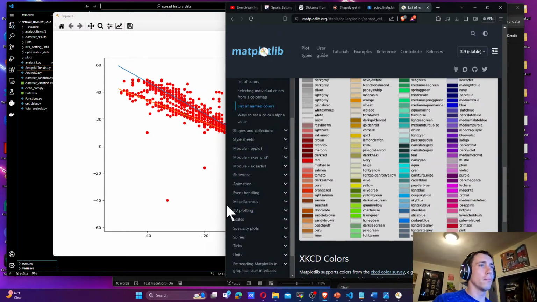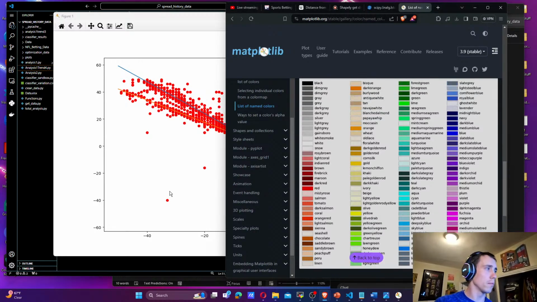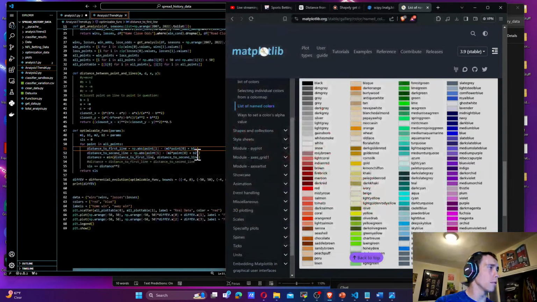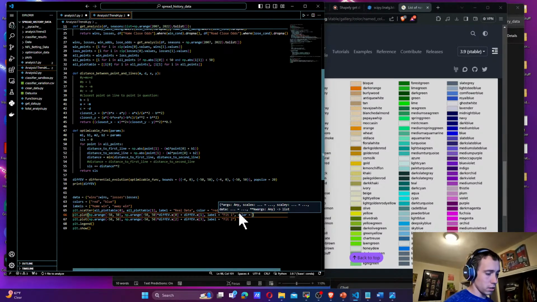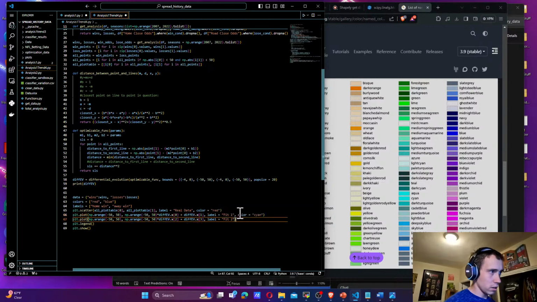Cyan and lime. Okay, this color is going to be lime.